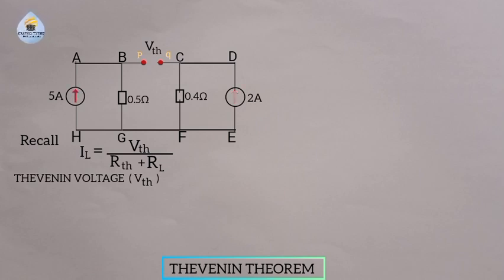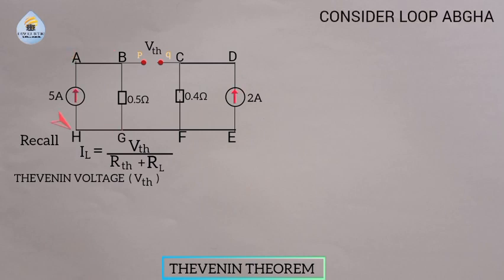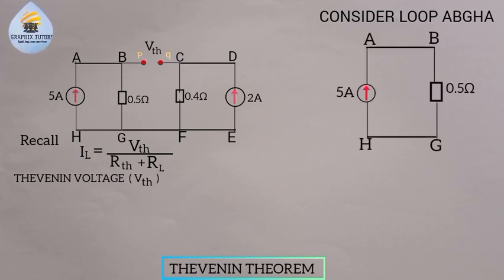We'll consider loop A, B, G, H, A. So this is what we have in here, right? This is the loop that we just considered. Now we'll name that loop I1, which means I1 will be flowing clockwise in this manner, right?